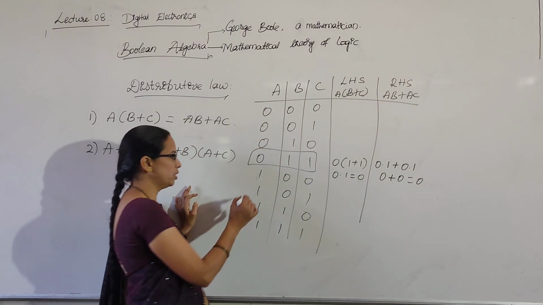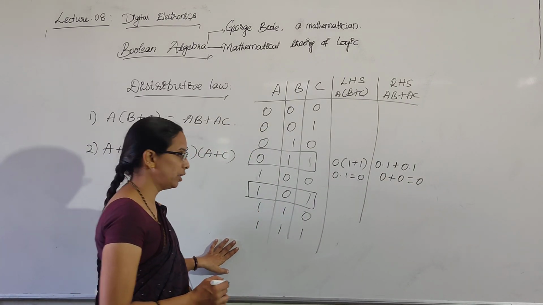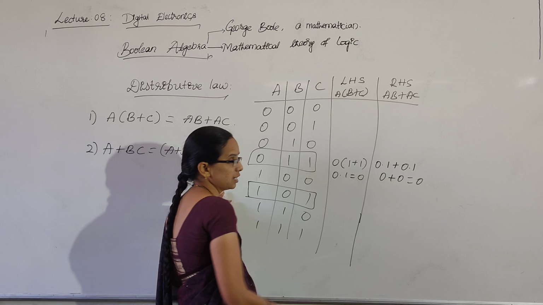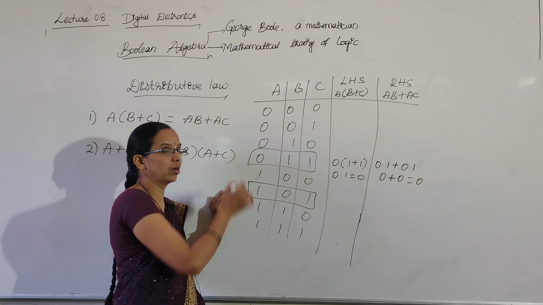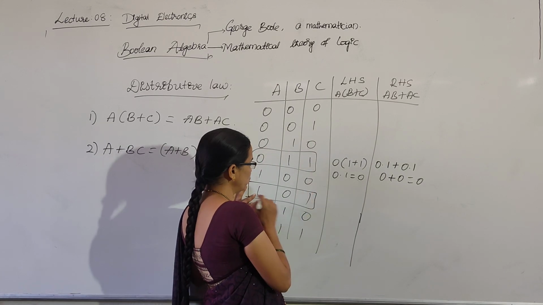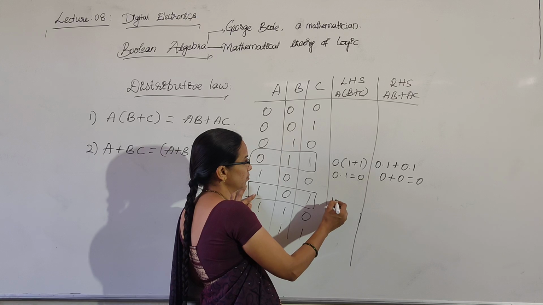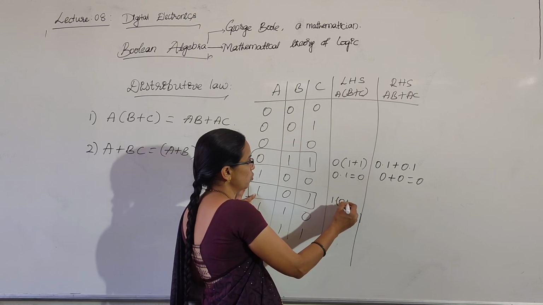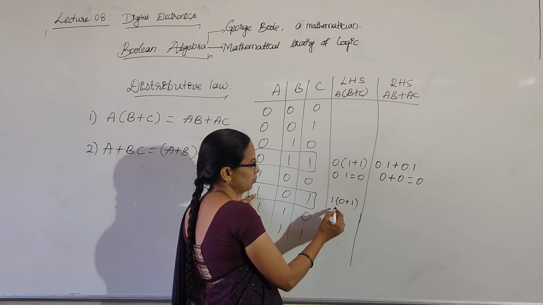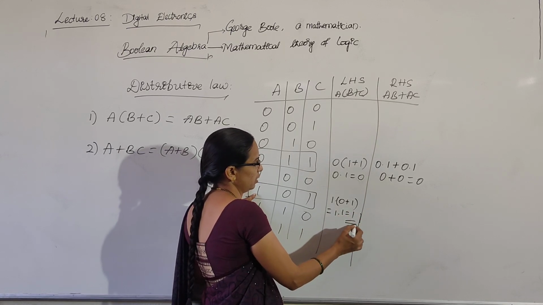Take any of the combinations. If you want, take all the combinations and check. It will be proved only. It's just a waste of time if I do it for all the combinations, you can do it yourself. I take A as 1, B as 0 and C as 1. A as 1, B 0 or 1, that will be 1 and 1, that will be 1 only.